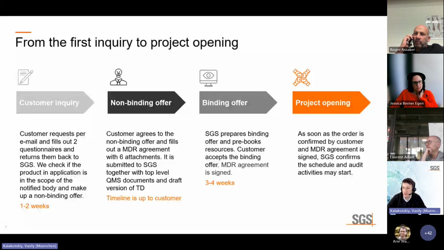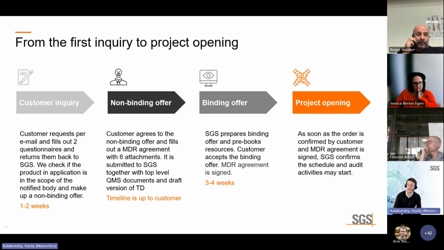And then we prepare the non-binding offer. Non-binding offer means it's not binding for the certification body, actually. Yeah? So it's just a cost estimation and a rough idea of how it is going to happen and how much it costs. The customer reviews this non-binding offer, and if everything seems okay, then you are invited to fill out the MDR agreement together with 6 attachments.